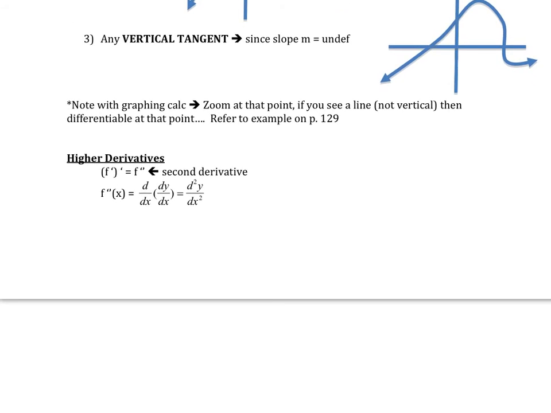All right, we can take higher derivatives. So we can take f double prime. So f prime and prime again. So this is the second derivative. We could take it multiple times. We could take the third derivative. One year they did this on the AP test.